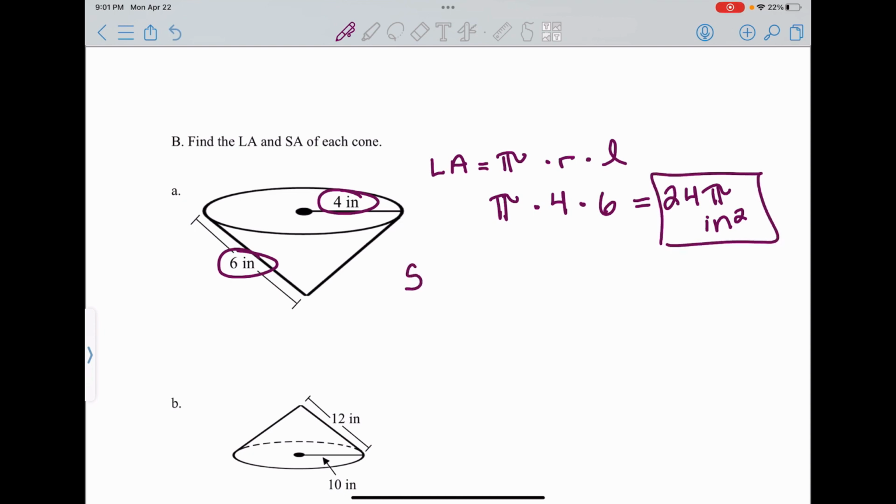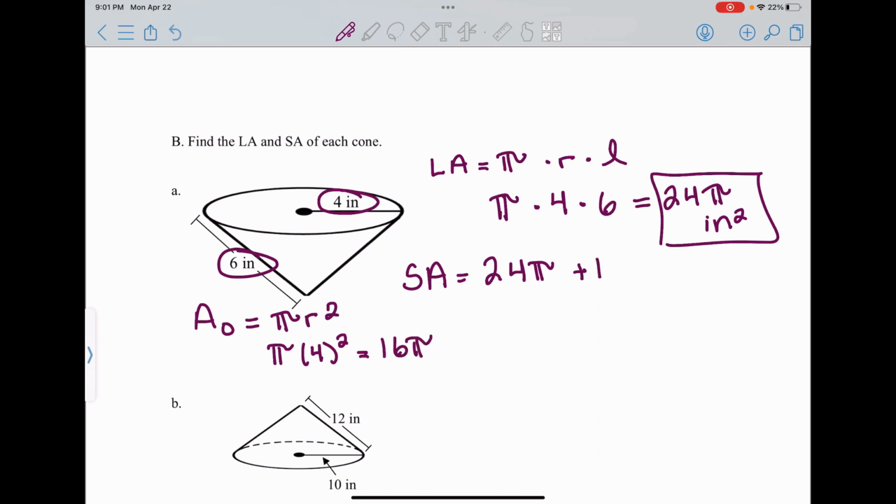Then to find surface area, I'm going to add my lateral area to the area of the base, which means I first have to find the area of the base, which I will do by using pi r squared because my base is a circle, and the radius is 4. 4 squared is 16, so I will be adding 16 pi to my lateral area. And this gives me a surface area of 40 pi inches squared.